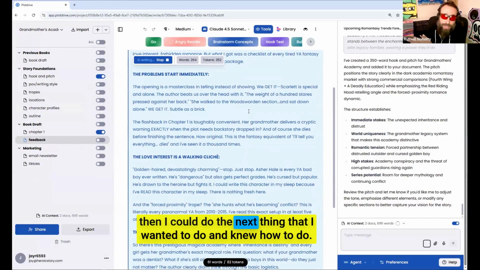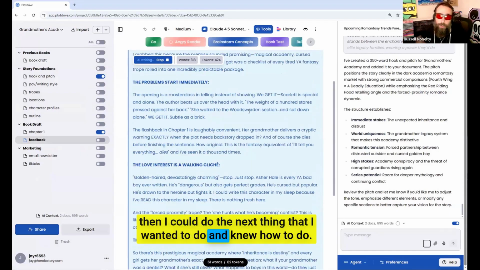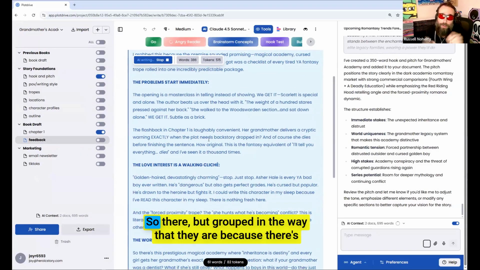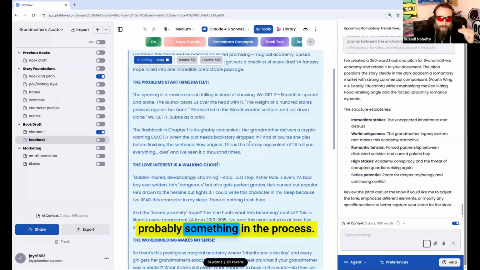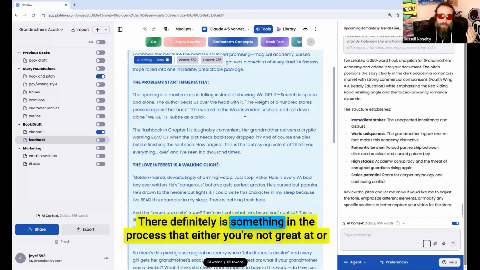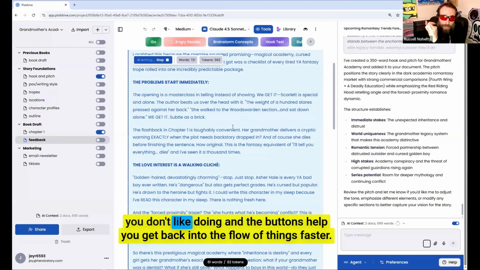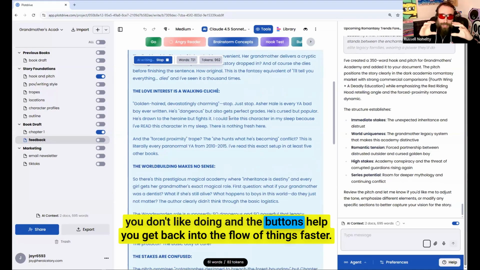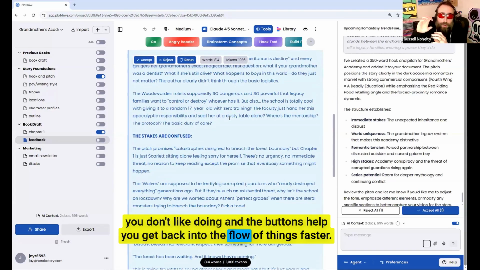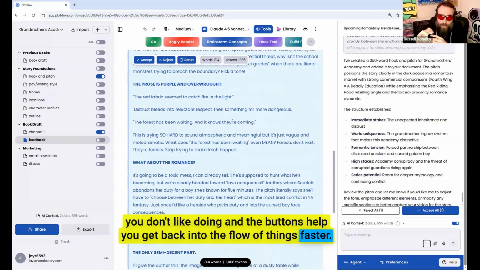And then I could do the next thing that I wanted to do and knew how to do. So they're grouped in the way that they are because there definitely is something in the process that either you're not great at or you don't like doing. And the buttons help you get back into the flow of things faster.